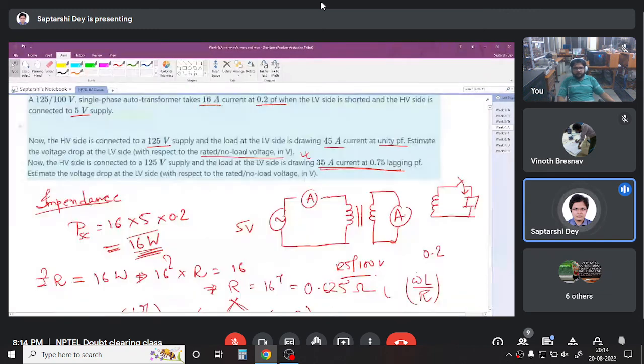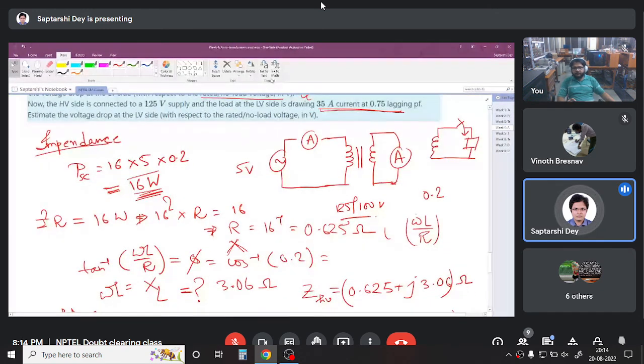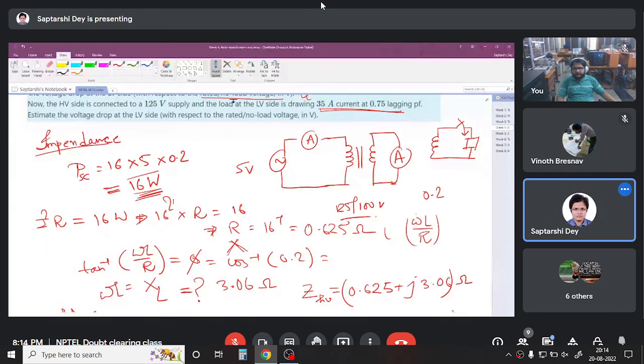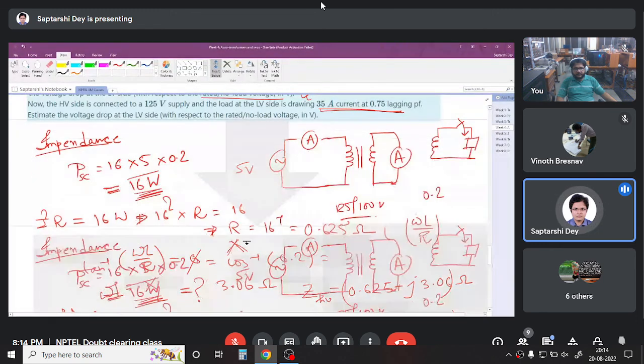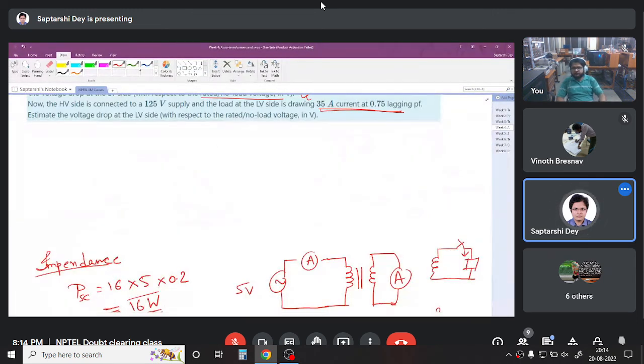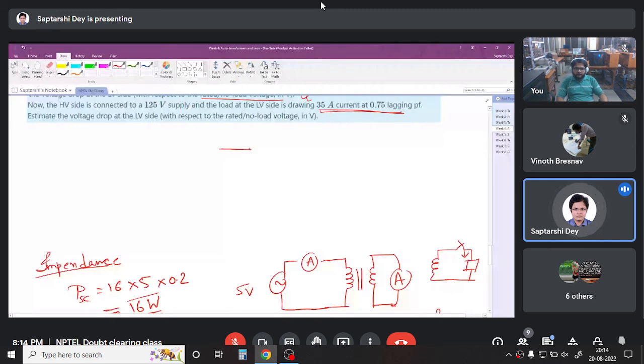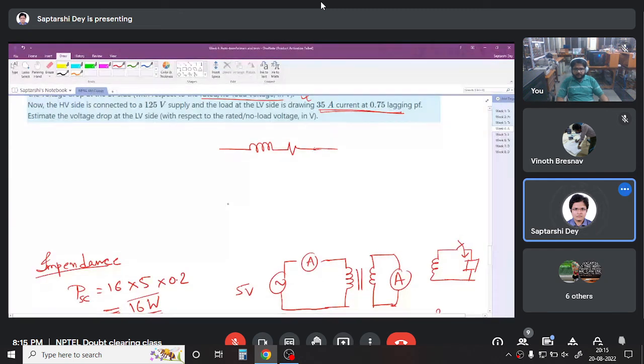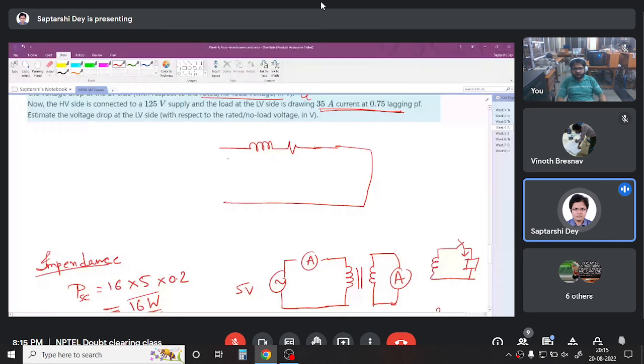So if I draw, let me make some space here. If you draw this, this is the transformer circuit under short circuit test, the transformer equivalent circuit. The load branch can be neglected because the voltage is very low.